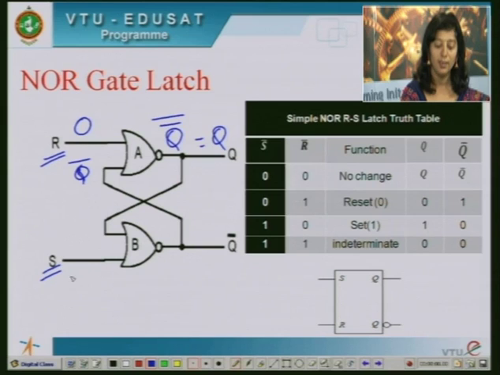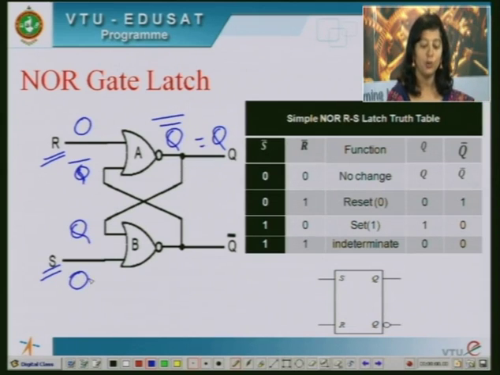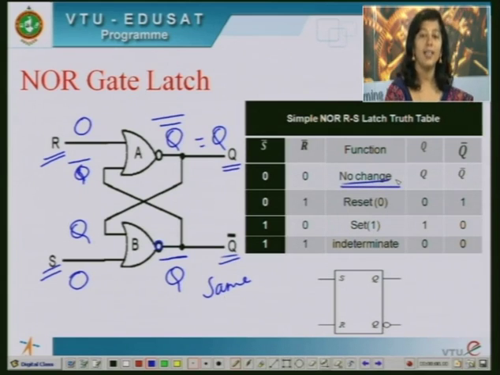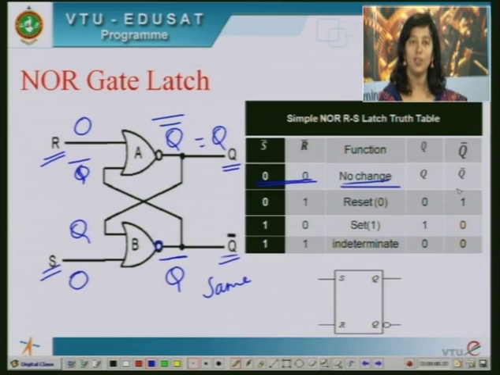Similarly here S is also 0. The other input coming to this is Q, and therefore Q or 0 is Q itself, and we have complement of that, bubble, therefore Q bar. So what happens? The output remains in the same state as before, or no change state. So here when R and S are both zeros, there is no change in the output. So please remember, two zeros for R and S, no change in the output.